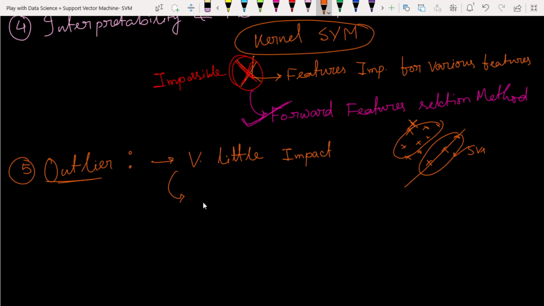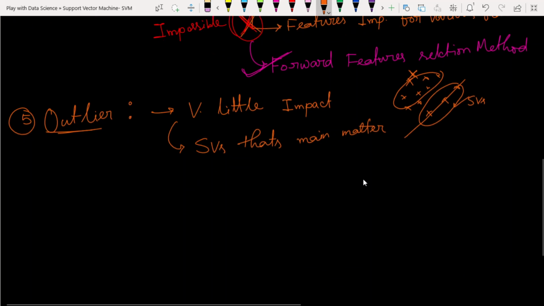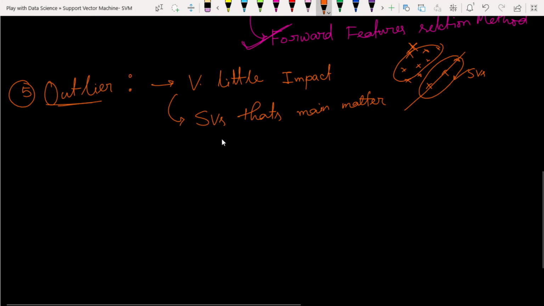Because support vectors are what matter. And also we see RBF. If you remember the radial basis function kernel, then simply by using the parameter sigma, we can easily handle the outlier.